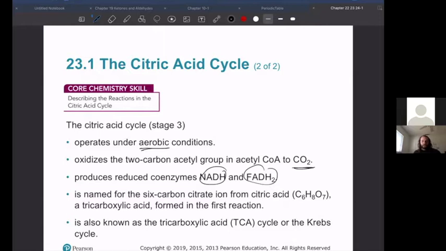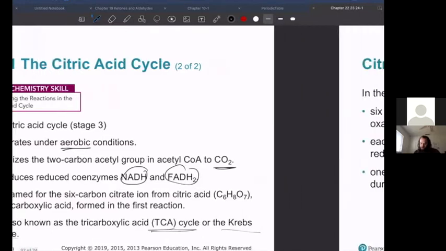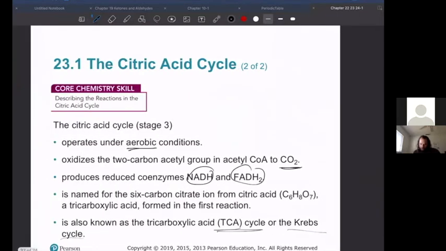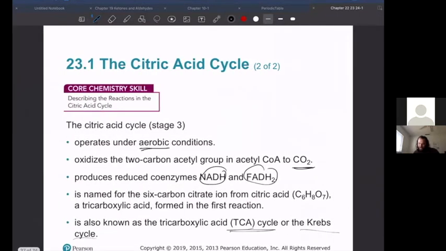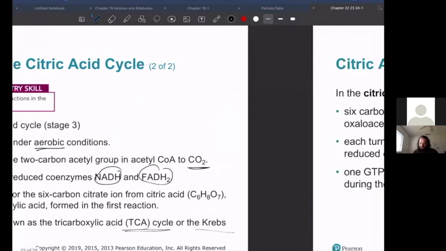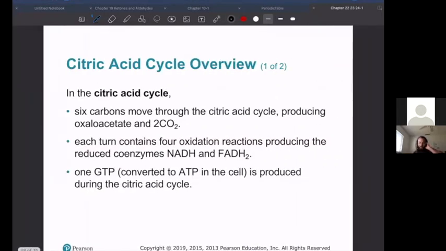The other thing that you will hear this called is the TCA cycle or the Krebs cycle, depending on what textbook you use, but we're going to call it the citric acid cycle. Citric acid is formed as an intermediate. We're not going to worry about those intermediates too much.